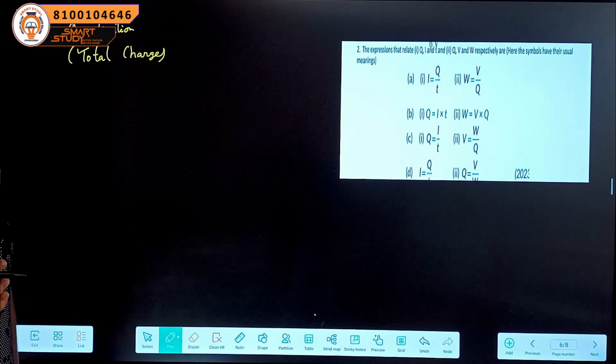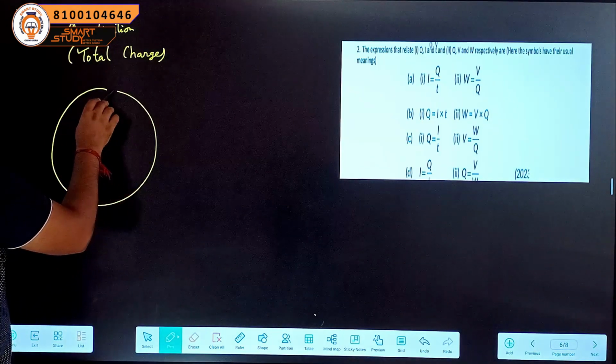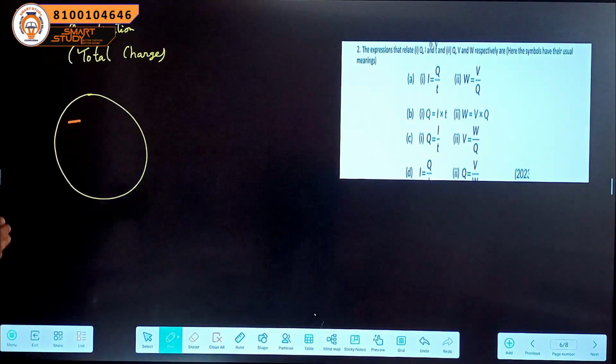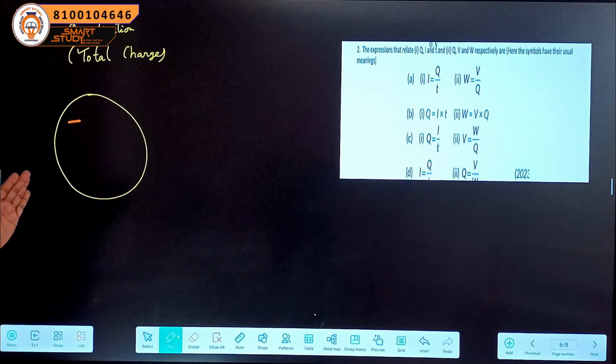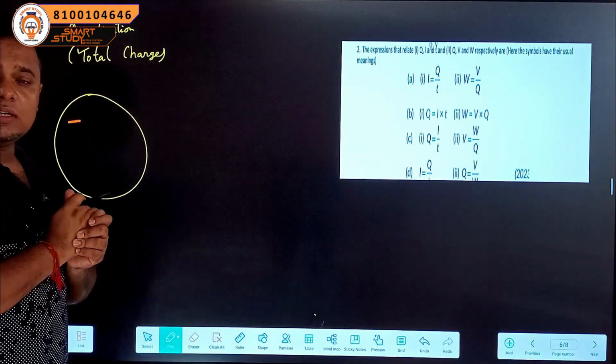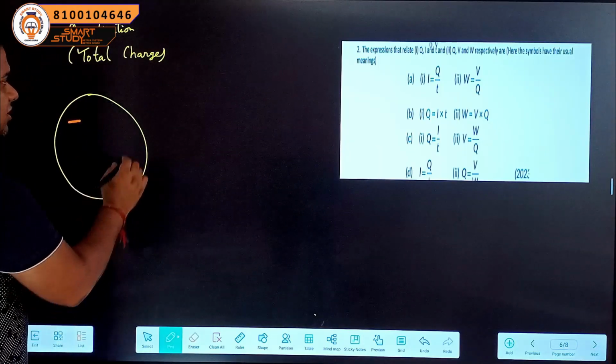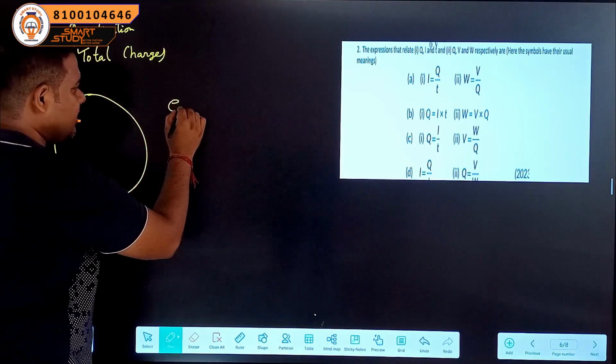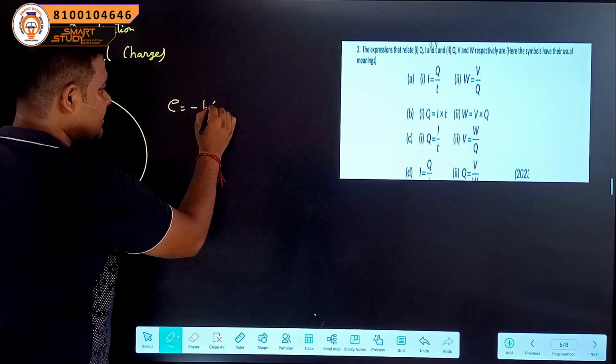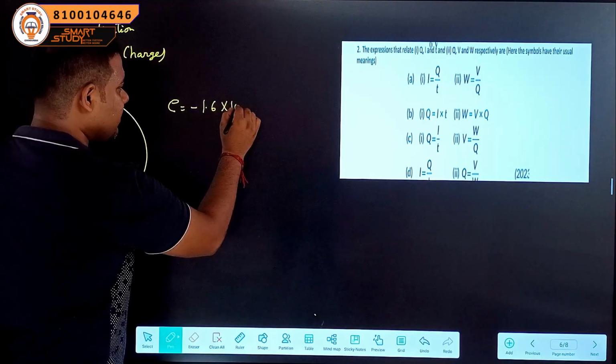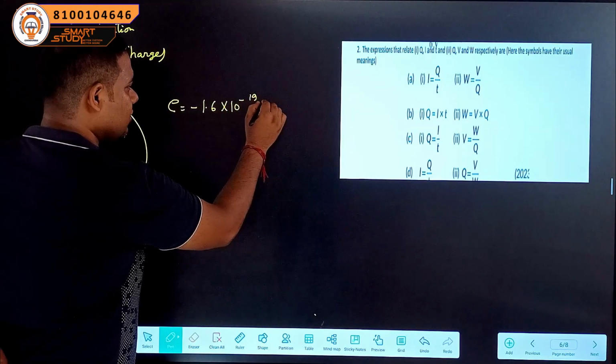Now I will first explain what quantization is, and after that how current is related to it. Take a hollow sphere, and an electron comes inside that sphere. Then what is the total charge of the sphere? Just tell me, what is the charge of a single electron? The charge of a single electron is minus 1.6 into 10 to the power minus 19 coulomb.